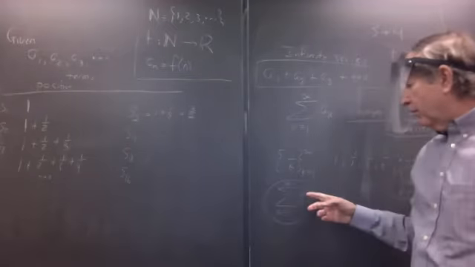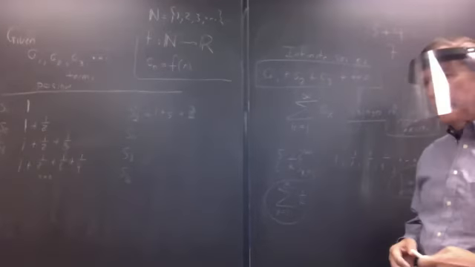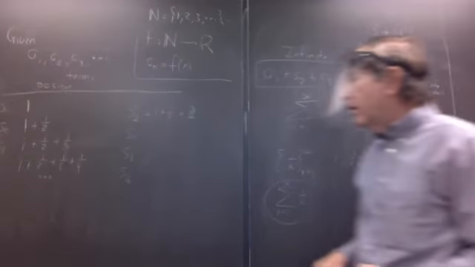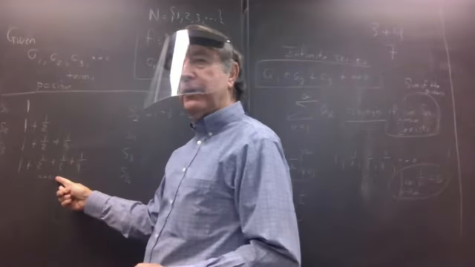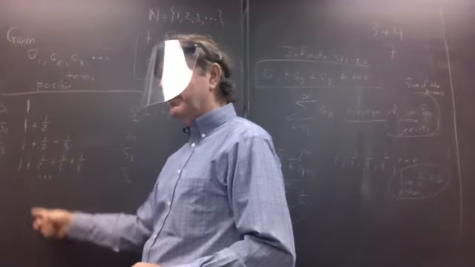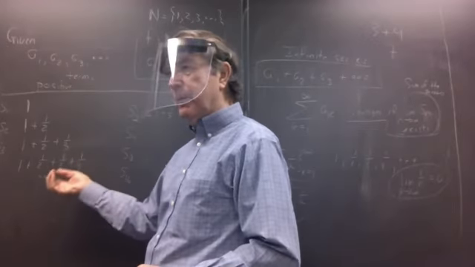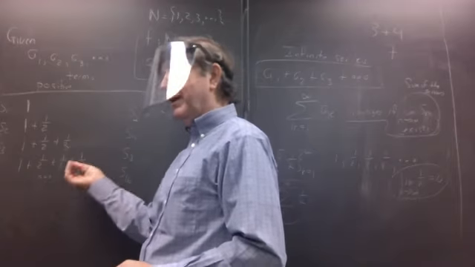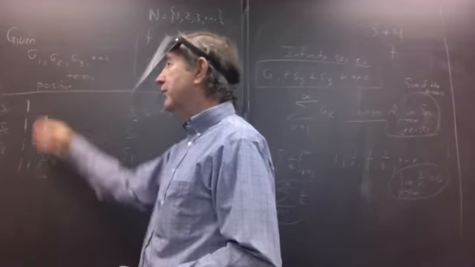This 1 over k is 1, 1 half, 1 third, all positive. So if you look at it, it's easy to see this is an increasing sequence. The sequence S's is increasing because each time we're adding a smaller positive number, but we're adding a positive number. So the sequence of partial sums is increasing.